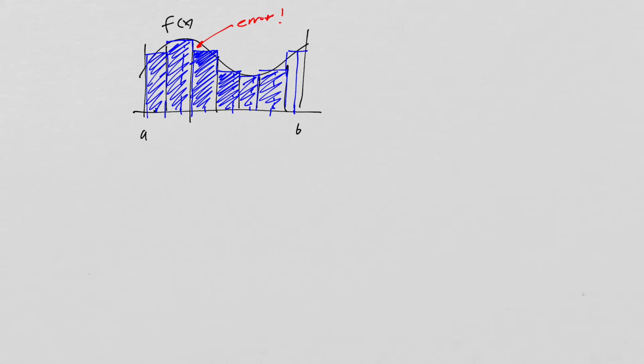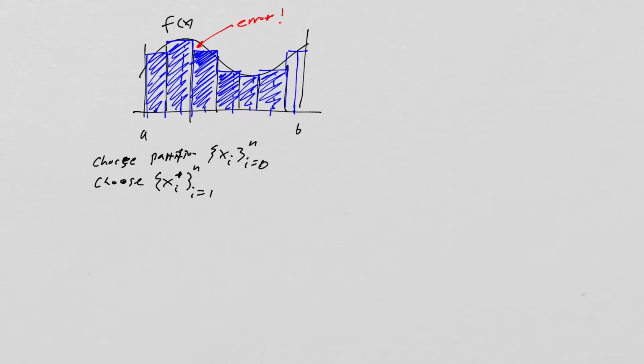So again, let's summarize. We choose the partition xi, and it goes from i equals 1 up to n. We choose the xi stars. Here i goes from 0 to n, and here i goes from 1 to n. I misspoke there, right?